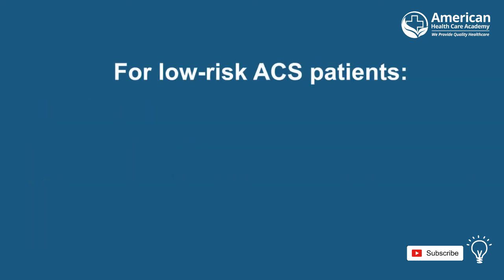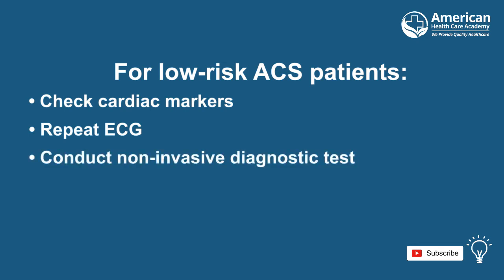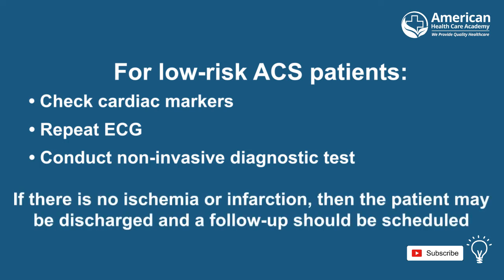If the patient has been identified as having low-risk ACS, then check cardiac markers. Repeat the ECG and conduct a non-invasive diagnostic test. If there is no ischemia or infarction, then the patient may be discharged and a follow-up should be scheduled.